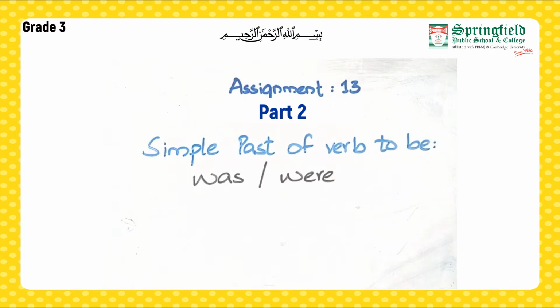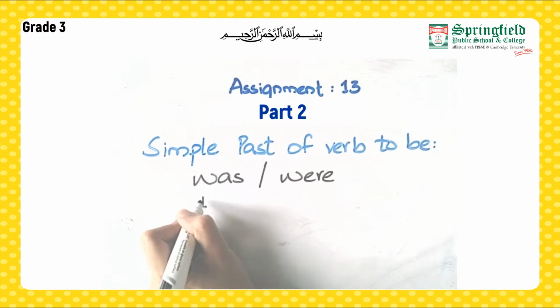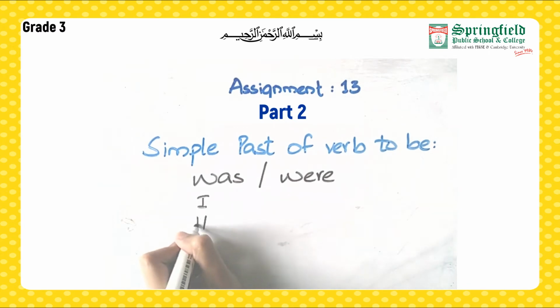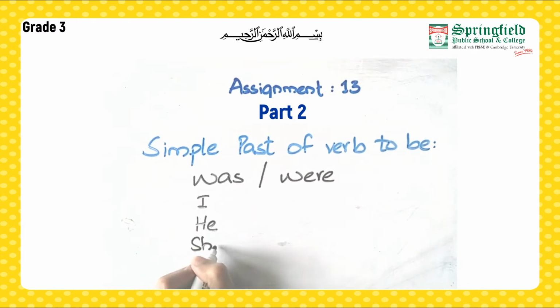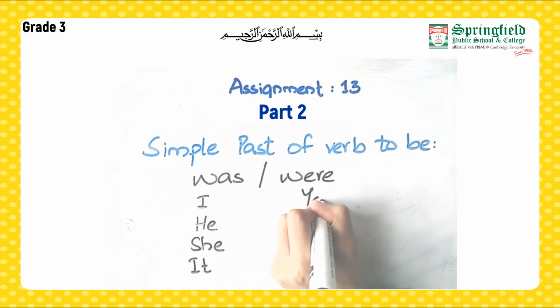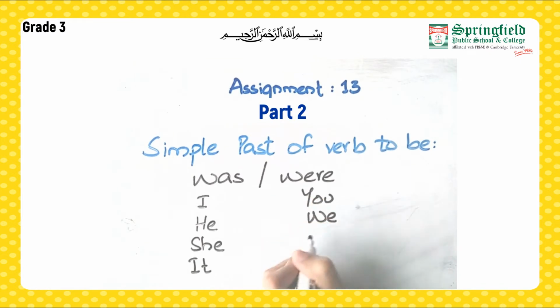I was happy. She was having fun. They were going to the party. So, we always use was with I, he, she, it. Whereas were is used with you, we, and they.